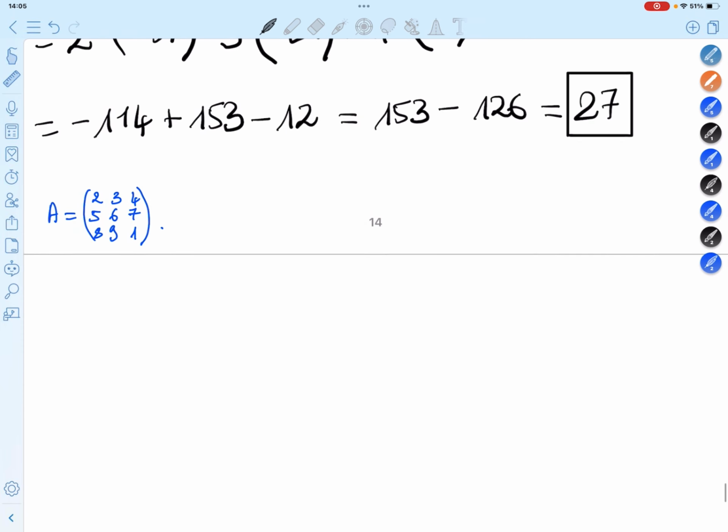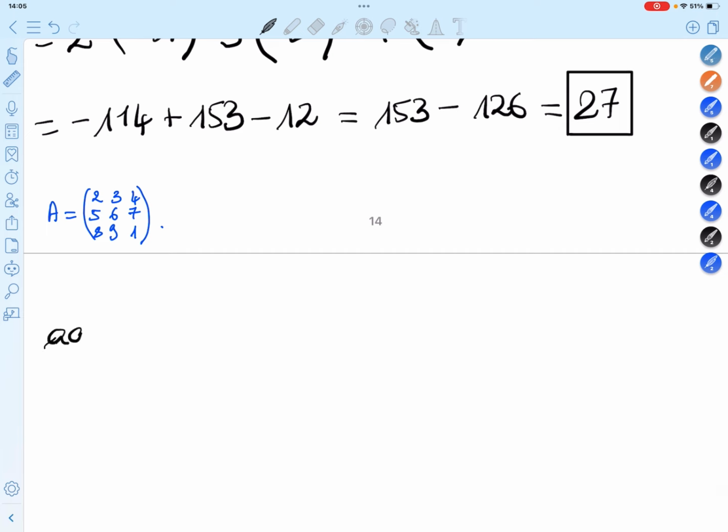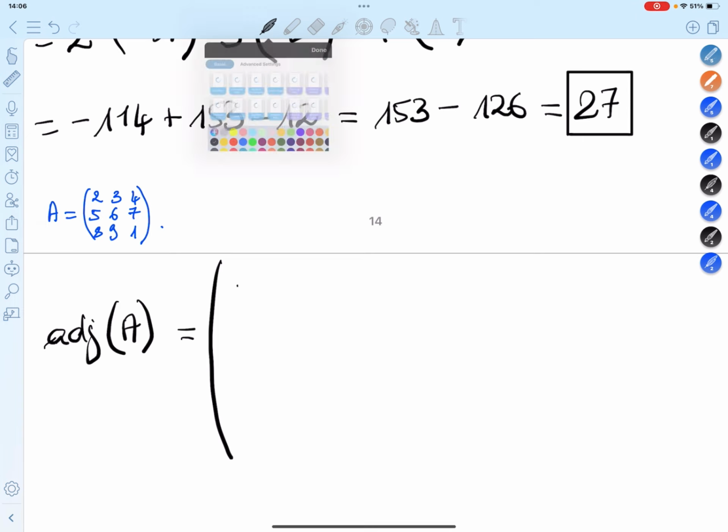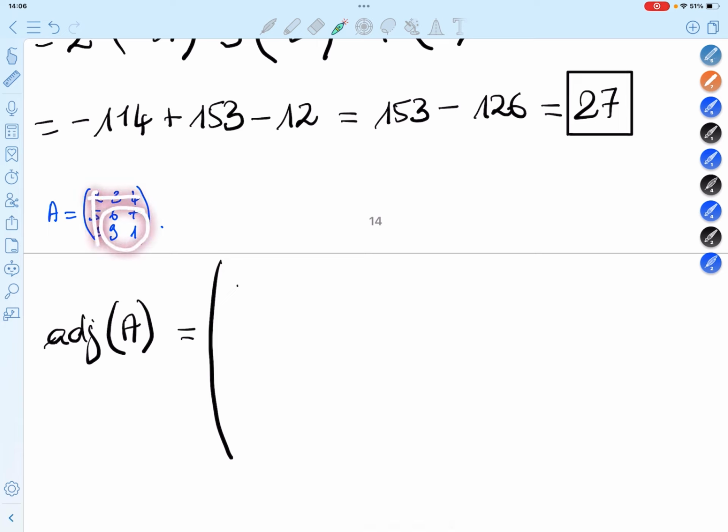We want to find the adjoint of A. Adjoint of A would be equal to, then in the first row, first column, we're gonna put the determinant. So a plus sign, then we put 6, 7, 9, 1. So this is the first row, first column.